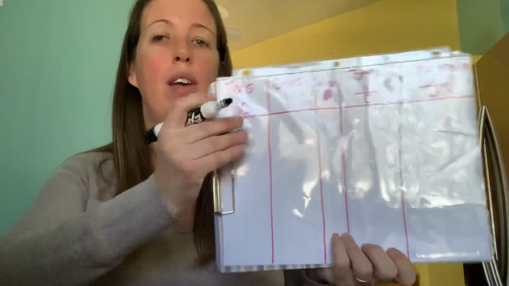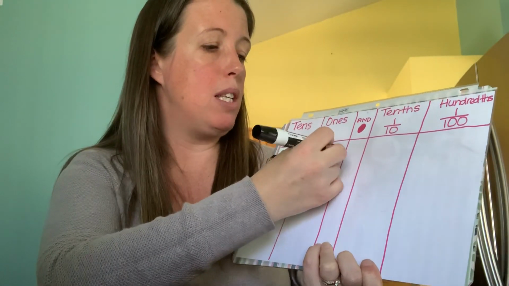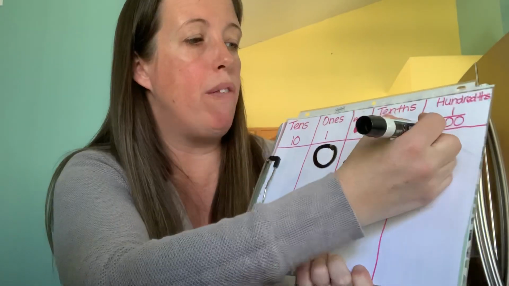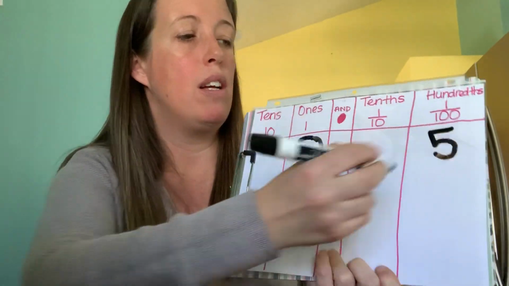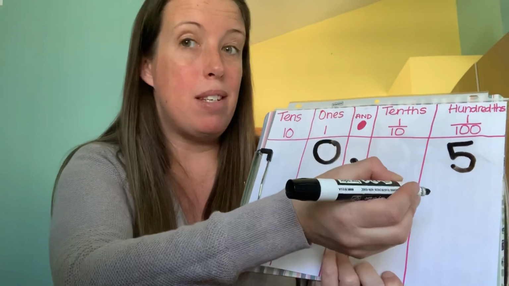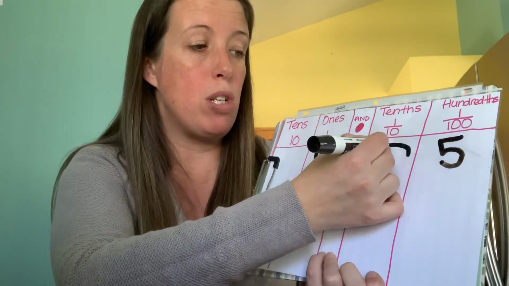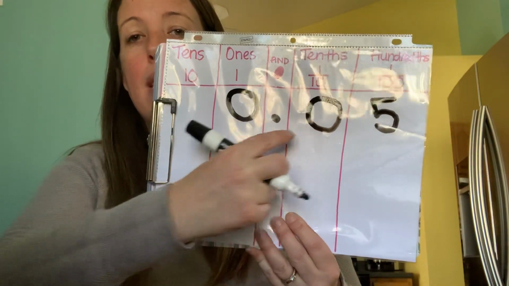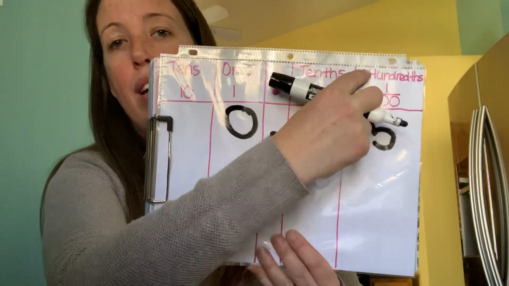So I don't have any ones. I have 5 with the value of 100th. And I can't have any blank spaces, but it doesn't have value in my tenths, so I'm just gonna put a 0 there to hold the space. And now my number reads 5 hundredths, okay?